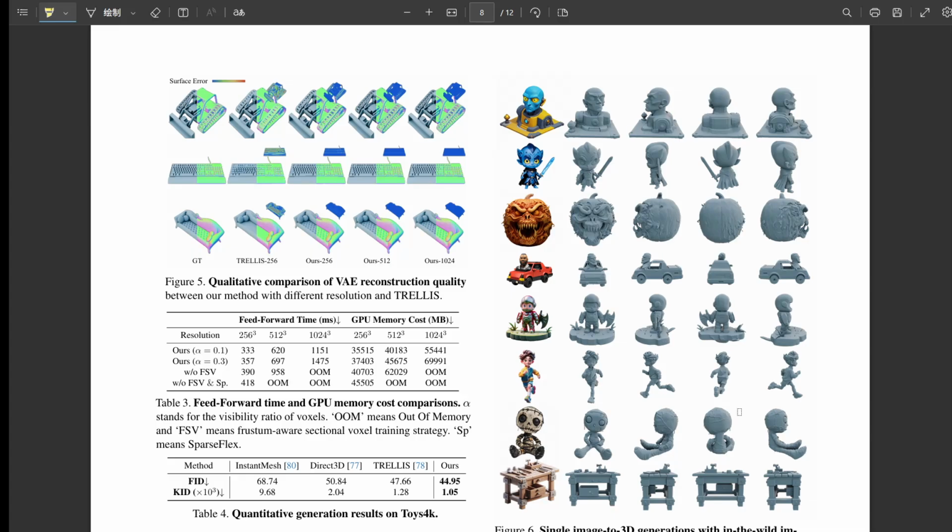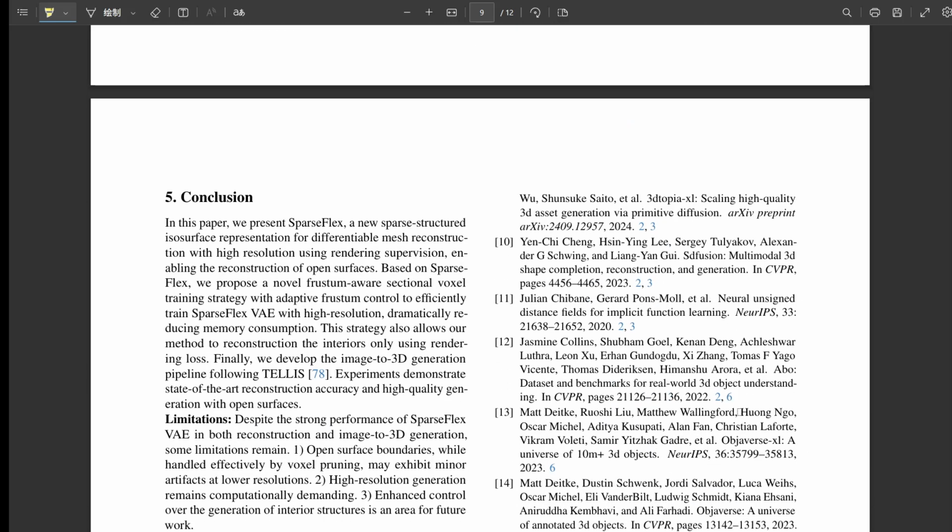Upsampling makes sense. But here's the clever bit. They also predict an occupancy probability for each new little subvoxel. If the probability is low, meaning the model thinks it's empty space, that subvoxel gets pruned away, removed. Self-pruning. Exactly. This keeps the representation sparse even as the resolution increases. And it's particularly good at cleaning up the edges of open surfaces by getting rid of stray voxels that might appear in empty space.